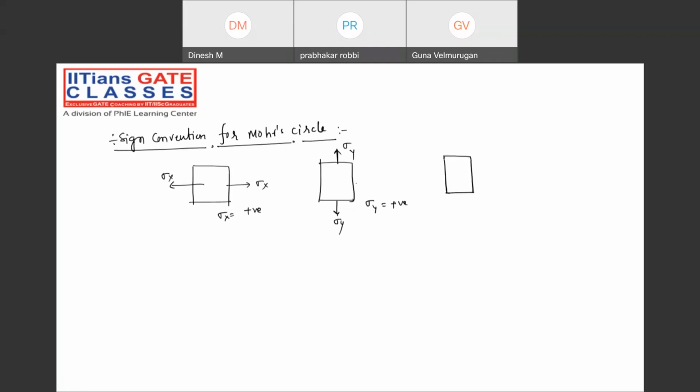Suppose if it is acting like this, I will be taking tau xy to be positive. When it is acting like this, I will be taking it as negative.